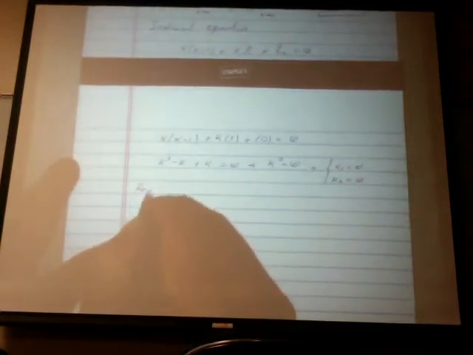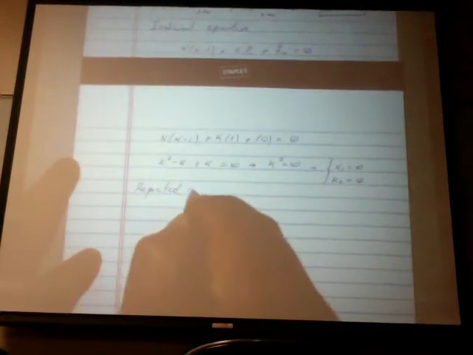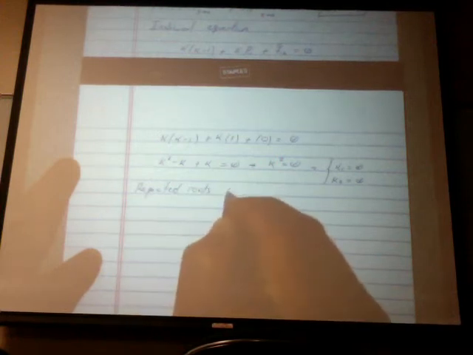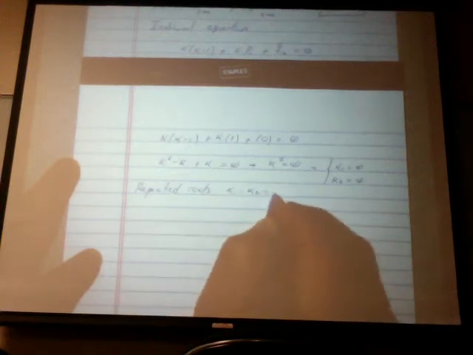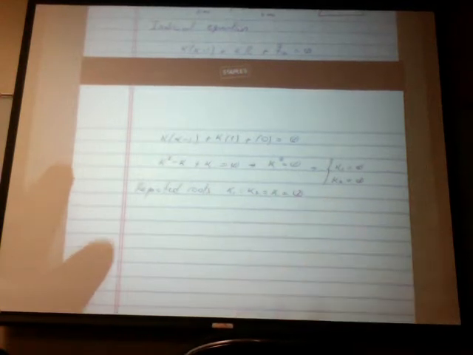So let's look for the, okay, so these are repeated roots. K1 equal to K2, which is equal to K, which is equal to 0.